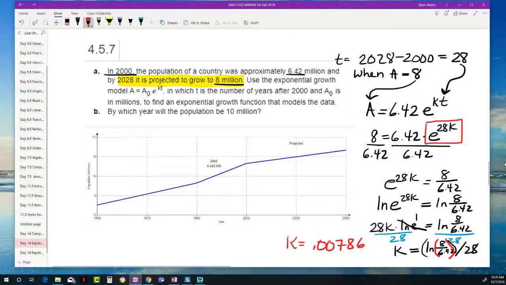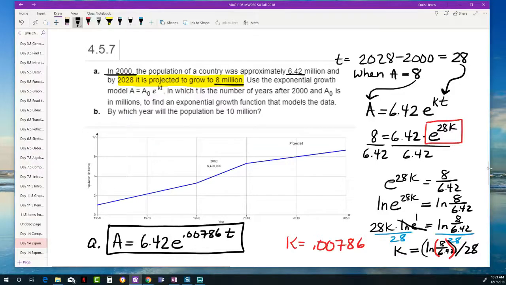So that means that we have our formula. A equals 6.42 e to the 0.00786 t. Okay, so that's the answer to part A, the formula.